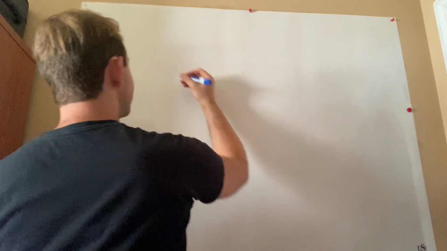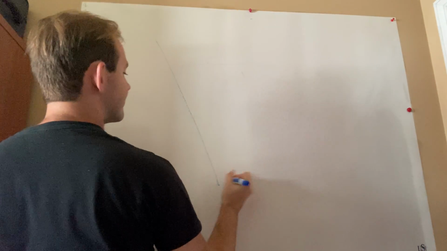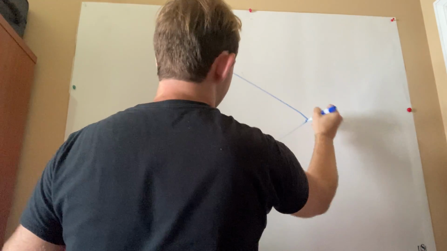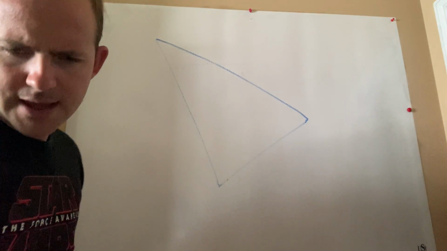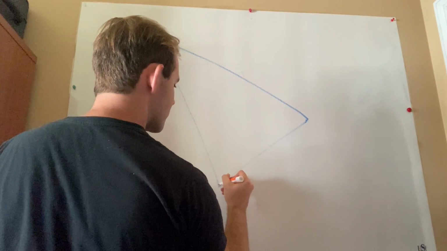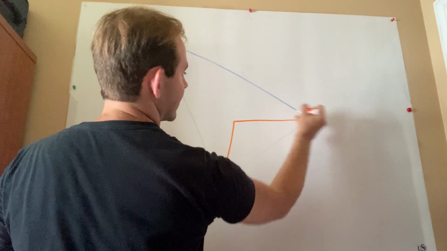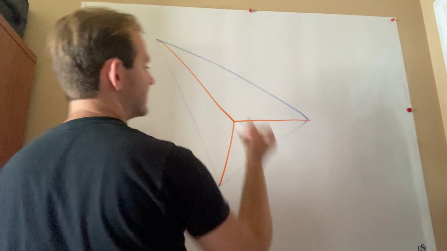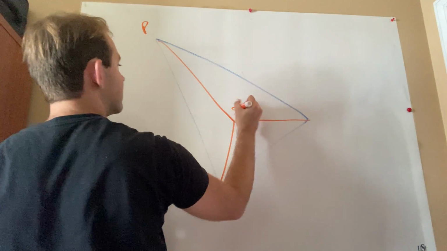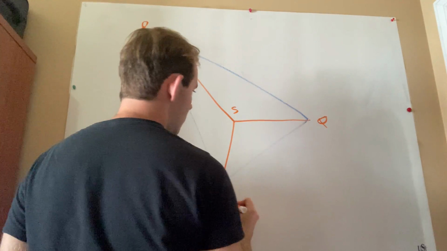All right, so example number 3, they give me this long, skinny triangle, okay? And let me draw some stuff in here. All right, angle bisector, angle bisector, angle bisector. And that's PSQR. Cool.